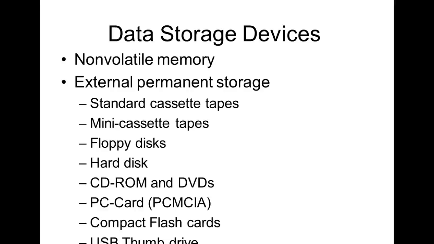Data storage devices: standard cassette tapes. That would be an extremely old robot. Mini cassette tapes would be on a robot. Floppy disks could be true. Hard drives could be true. CD-ROM and DVD. PC cards, which is PCMCIA. Those are still out there on robots that are not really old, but that would probably be 2 generations back from what's coming out now.